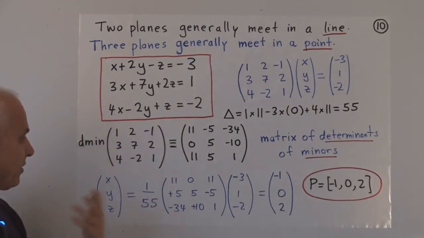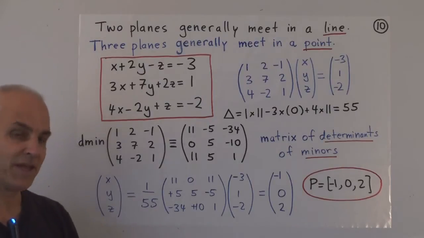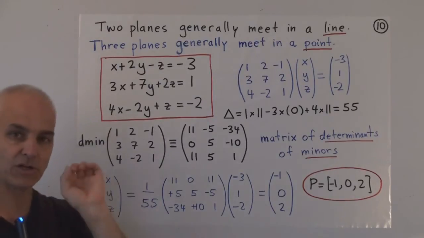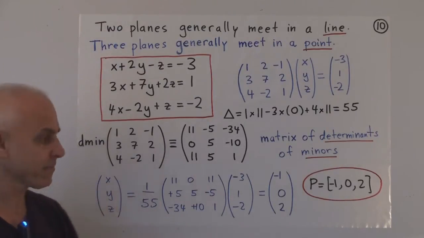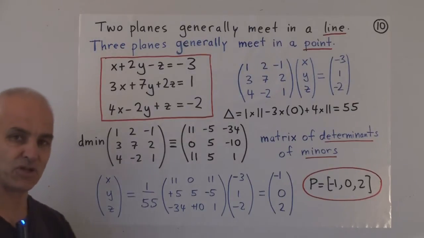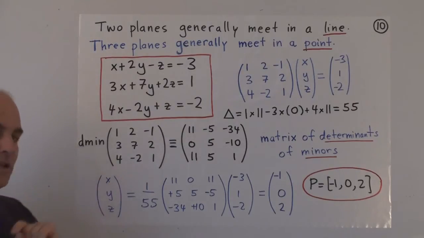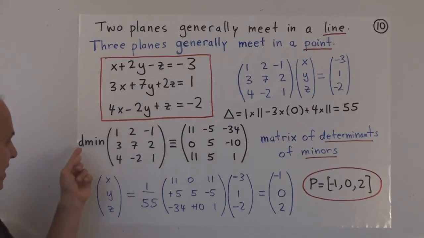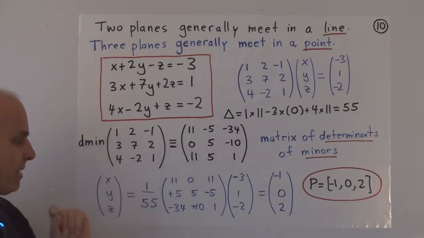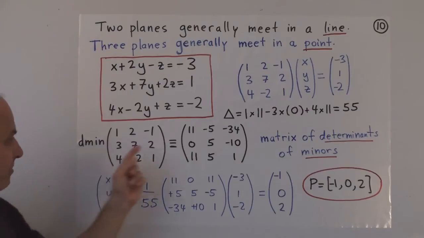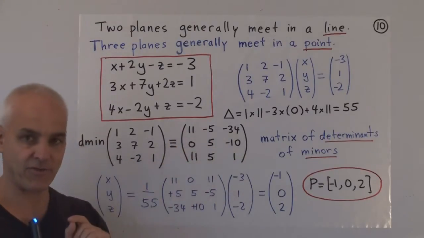The first step, and the one that involves the most work, is to find a lot of little 2 by 2 determinants. So to do that efficiently, let me introduce a new notation. Let's say that the d-min of this matrix is the matrix of determinants of minors.